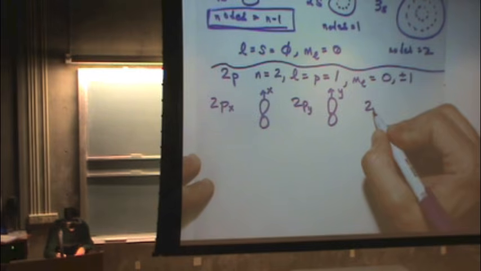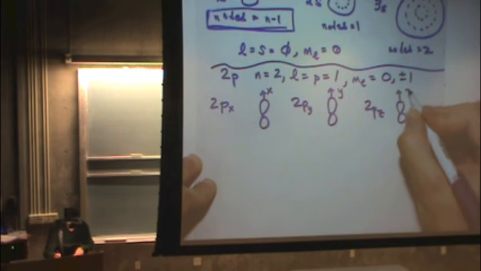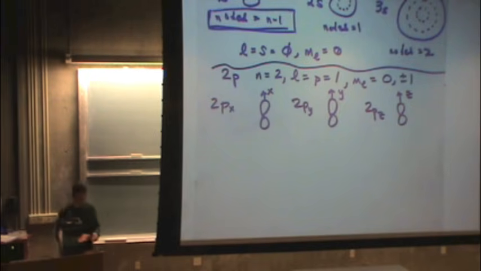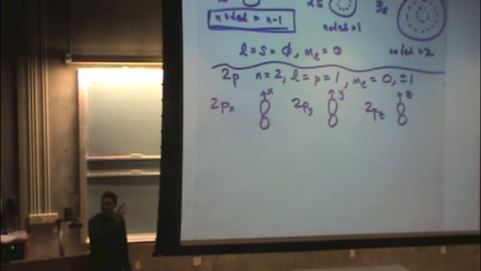And there's the 2pz, and just out of convenience, make that the z-axis. Okay. So that there's 3 orbitals. Every p orbital has 3. So a 2p orbital has 3, a 3p orbital has 3, a 4p has 3 of them. They're the x, y, z direction. You need to be able to draw those.